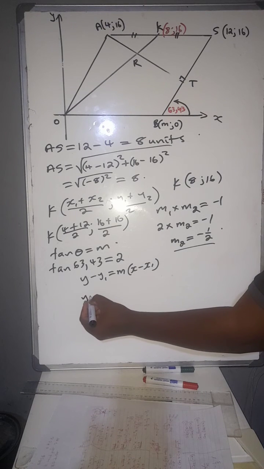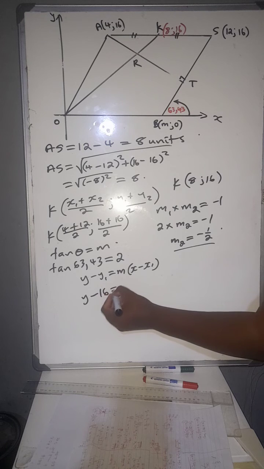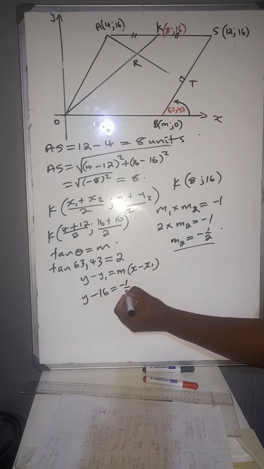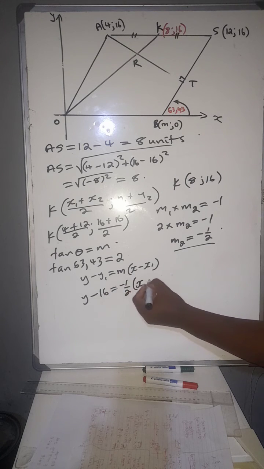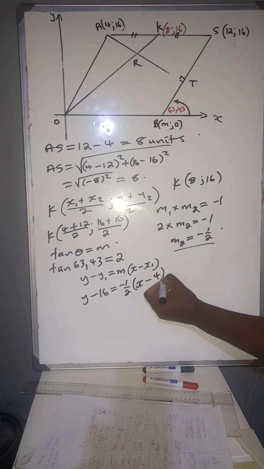So it's y minus 16 is equal to -1 over 2 bracket x minus 4.